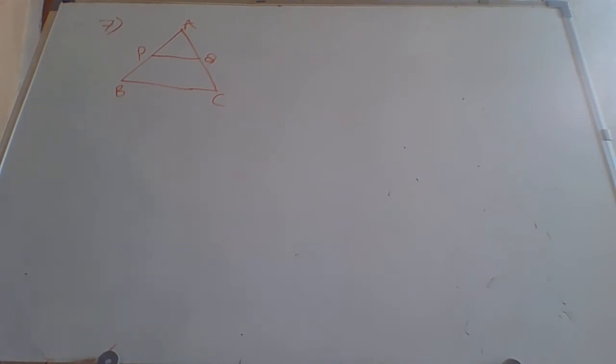Here in the 7th problem they have not given a diagram, but according to the problem you can draw this diagram. See what they have given in the question. Using the basic proportionality theorem, prove that a line drawn through the midpoint of one side of a triangle.